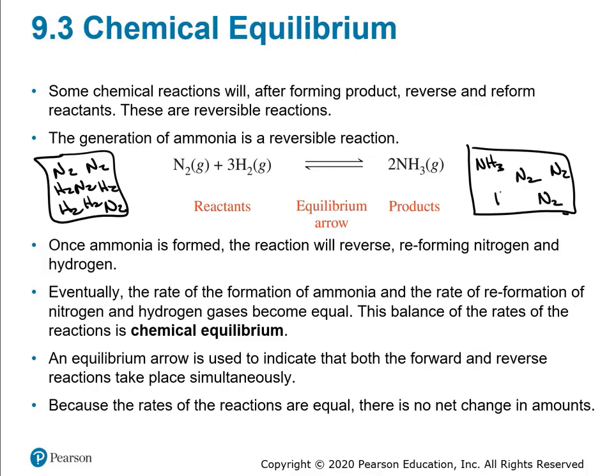I still have a lot of H2 that'll be present and not reacted. So all 3 end up being present. Product and reactant are formed once we reach what's called equilibrium.